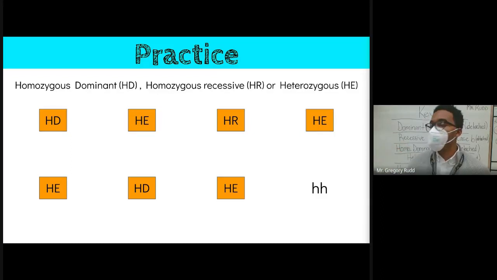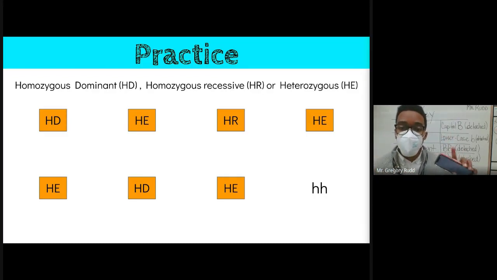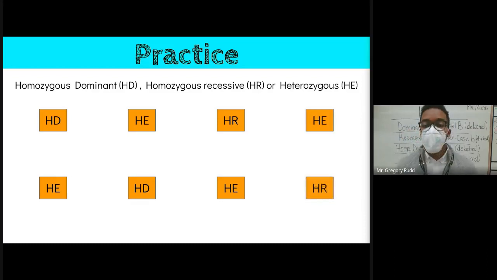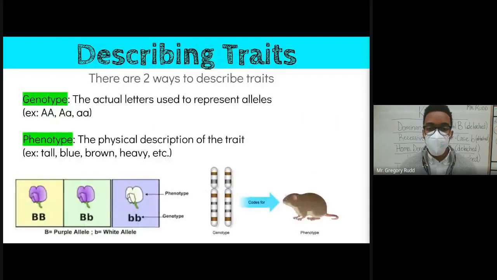Alex was able to tell me that because they are lowercase letters, I have a recessive allele. The recessive allele is always going to be indicated by the lowercase letters. All right, so that's HR in this case. Good job. This is not easy when we're first exposed to it. We're doing well with it. We're going to get a lot more practice, but everybody who's here in person definitely helped out.